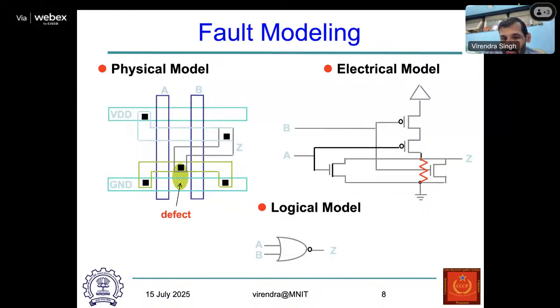So now we had seen yesterday that we can have a fault model that can be stuck at logic 0, stuck at logic 1, right? And if there's no fault, it would be a good line. That's how we developed the stuck-at fault model, which was developed way back in the 60s.